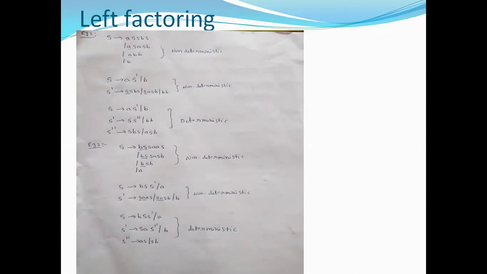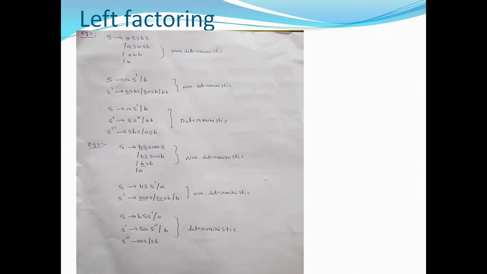Okay. So these are the concepts we are discussing today. What is left recursion and what is left factoring? Left recursion means the production is in the form A produces A alpha or beta. We use the production A produces beta A', and A' produces alpha A' or epsilon.